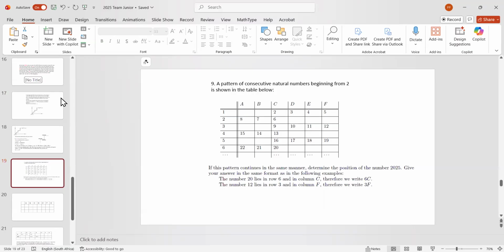which is problem number 9. The problem number 9 says the following. It starts from 2. You got a table which is built up like this, consecutive natural numbers.